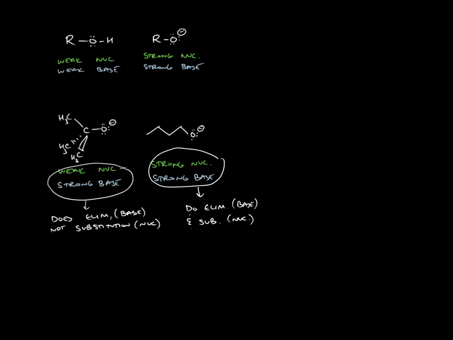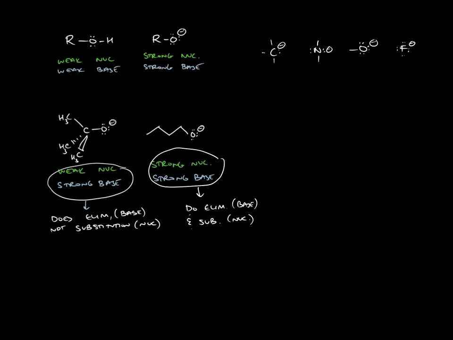All right, so let's look at some other trends. Well, when we compare things like a C minus to an N minus to an O minus to an F minus, in all of these cases, we're looking at something that is more unstable on the left and therefore more reactive on the left.